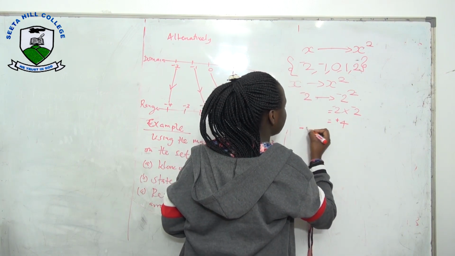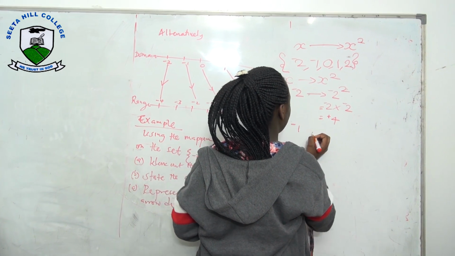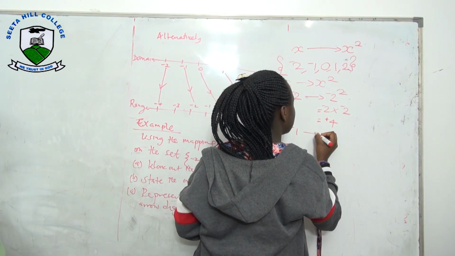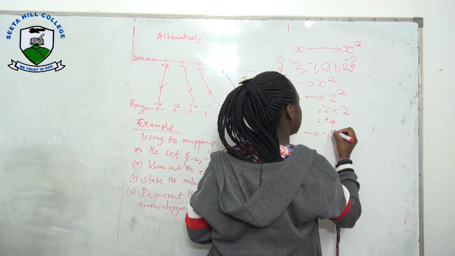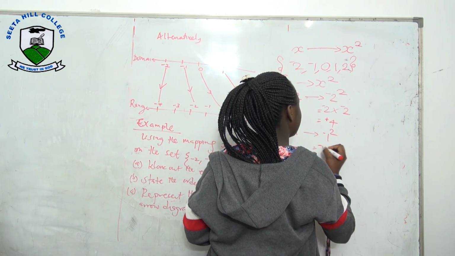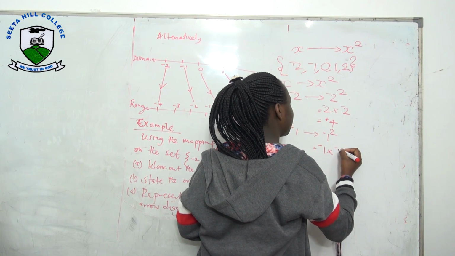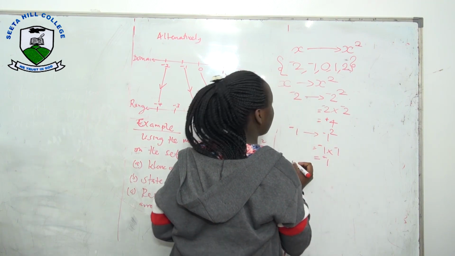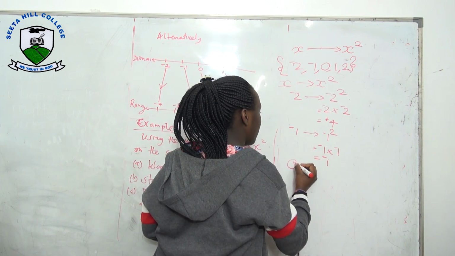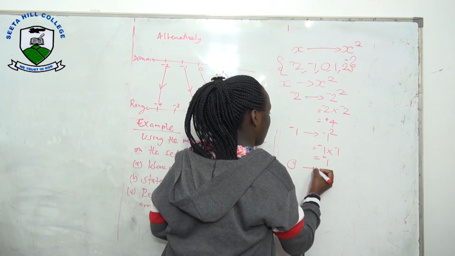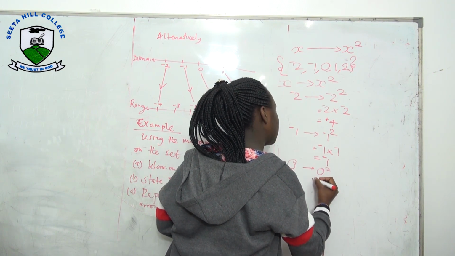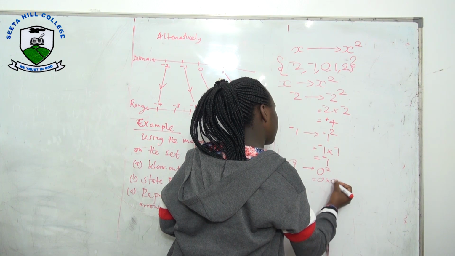Then -1, x represents -1, so -1 squared, -1 times -1, which equals +1. Then the next is 0, x is representing 0, so 0 squared. 0 times 0 equals 0.